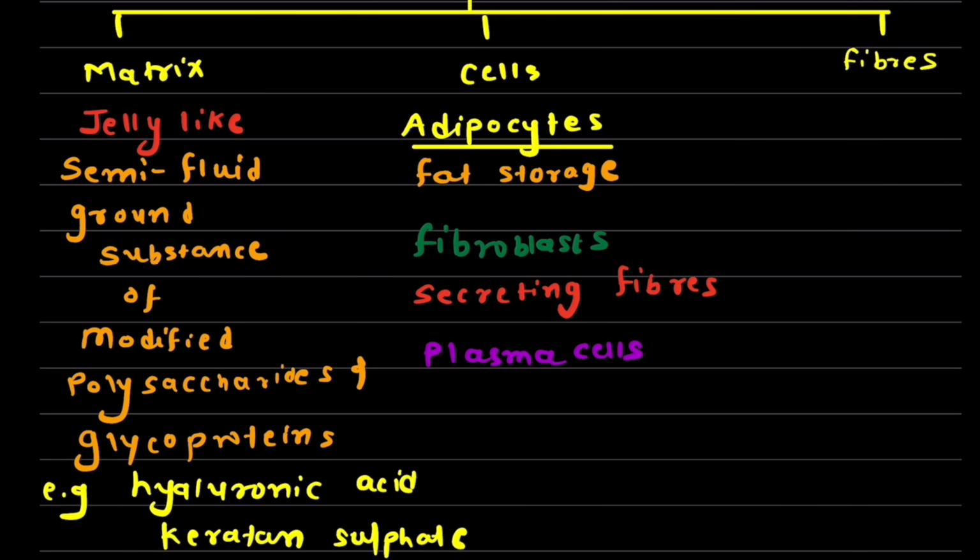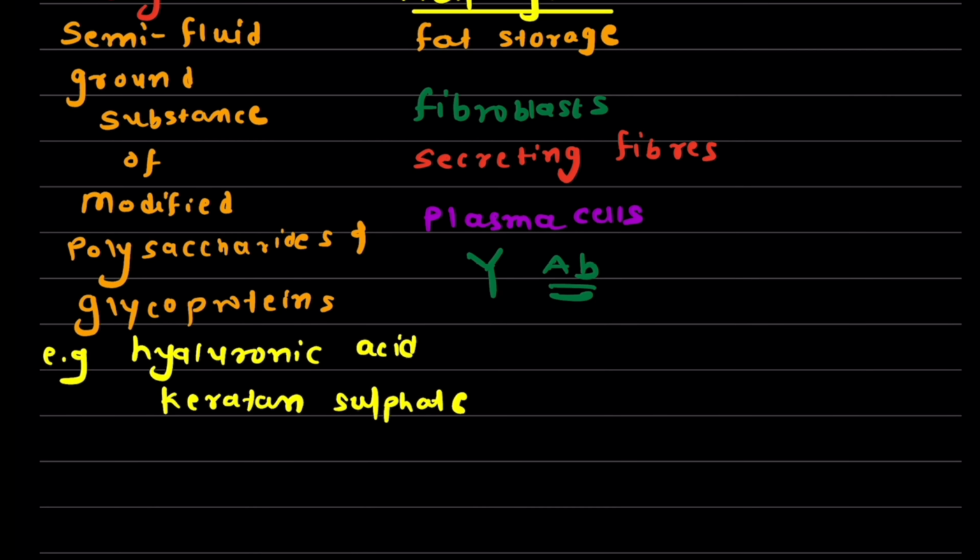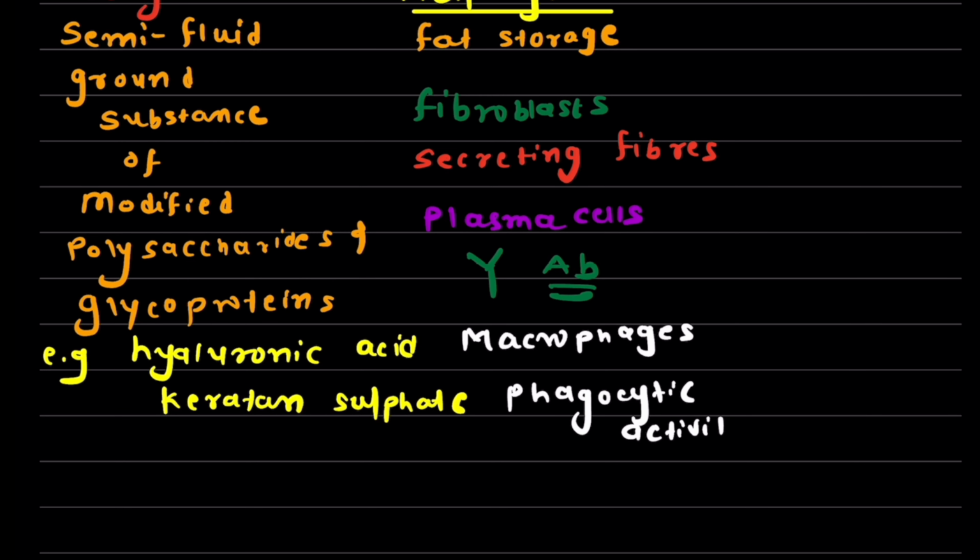Plasma cells क्या होते हैं? For producing antibodies. Another one is called macrophage, for phagocytic activity, cell engulfing. Third one is called mast cell.